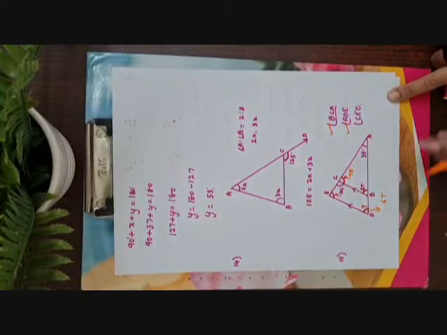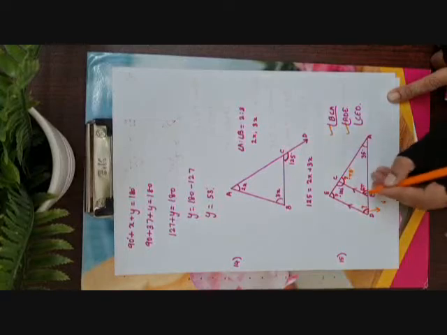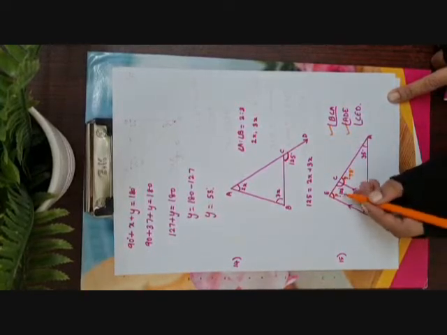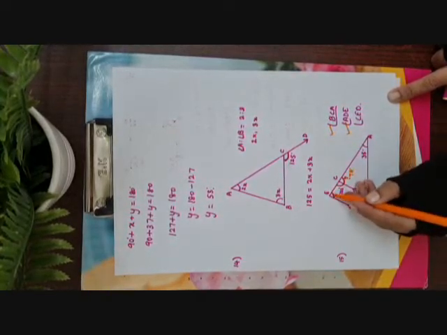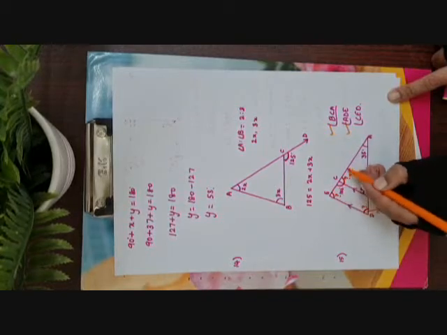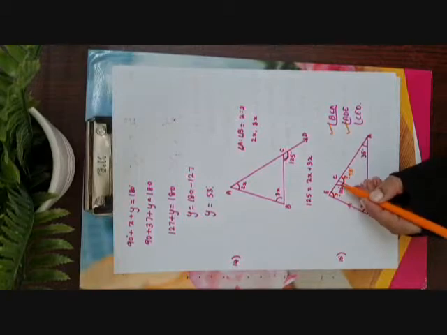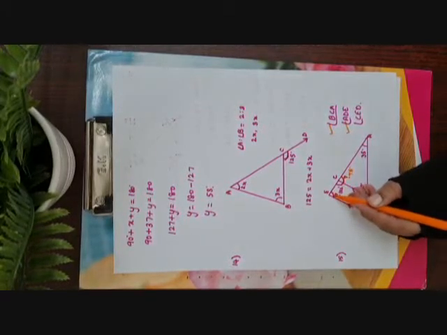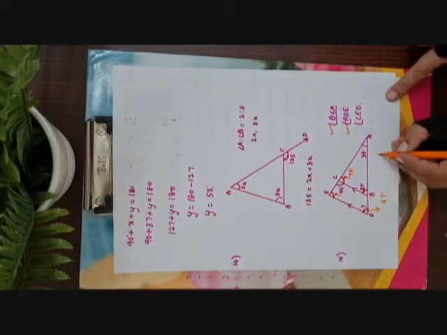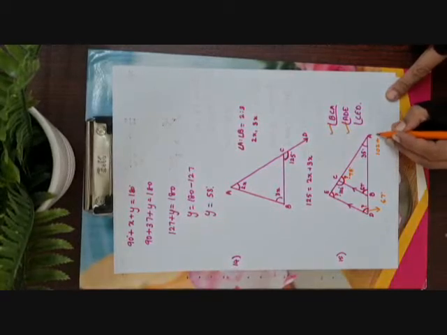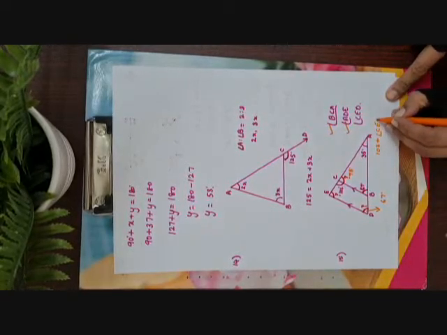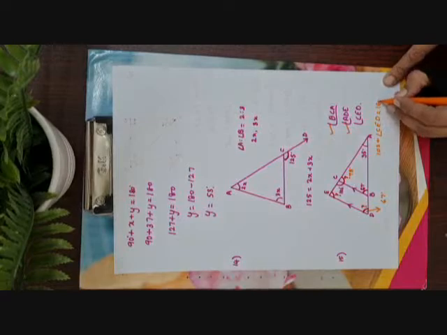Yes, children. Now if you consider BC is parallel to DE and EC as the transversal, this line as my transversal, we have interior angles lying on the same side of the transversal are supplementary. Yes. So 102 plus angle CED will be equal to 180 degrees.